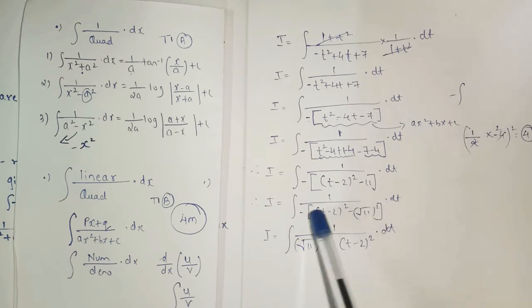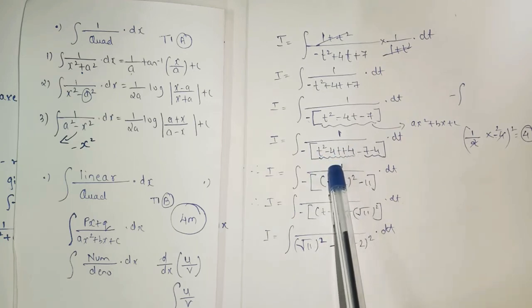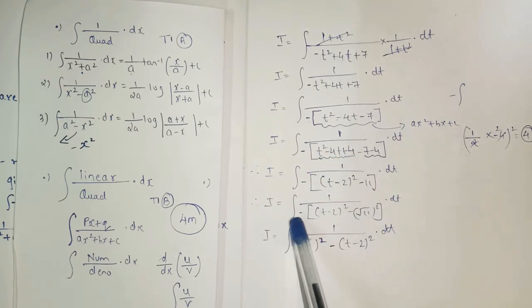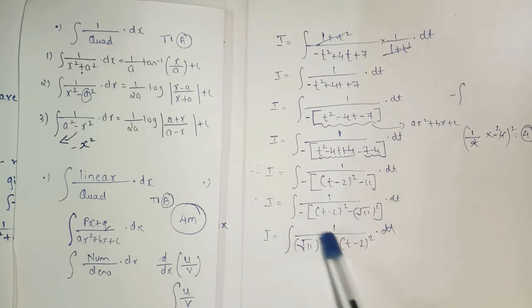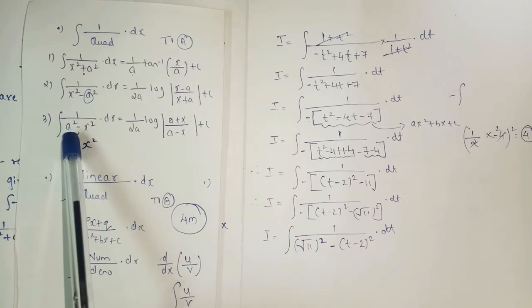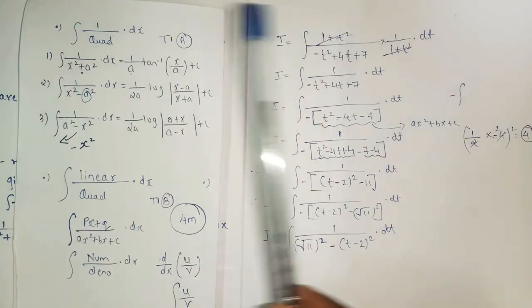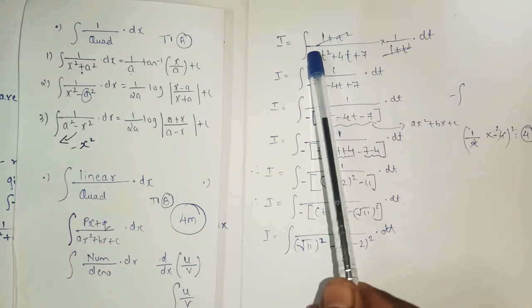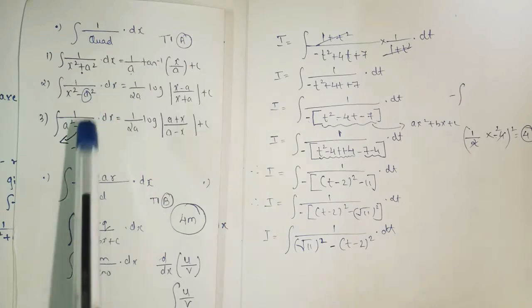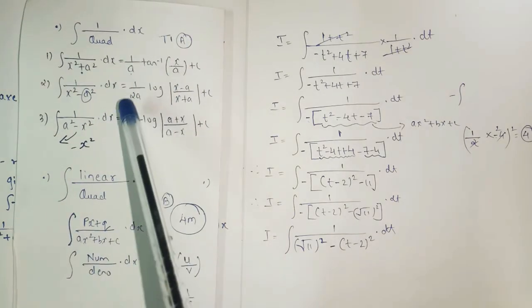Okay, here after this part, when you will convert this section into a plus b the whole square, a minus b the whole square, after that open the bracket with this minus. So there you will see that this integral will get converted into 1 upon a square minus x square. And as I told, whenever in a question already the sign for the square term is negative, always and always you have to apply the third formula. Don't stick with the first and second formula.